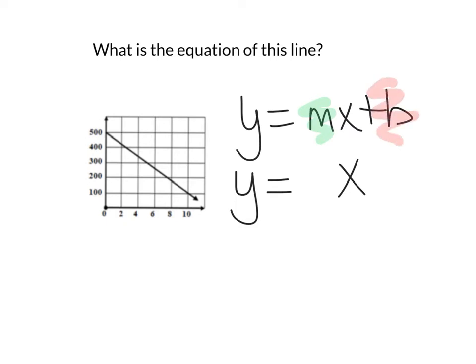Now, I do want to take notice that it does say plus in here, but it won't always be plus. Like we talked about on Friday, if we have a negative y-intercept, then this turns into y equals mx minus b. Negative y-intercept goes to minus, positive y-intercept a plus.